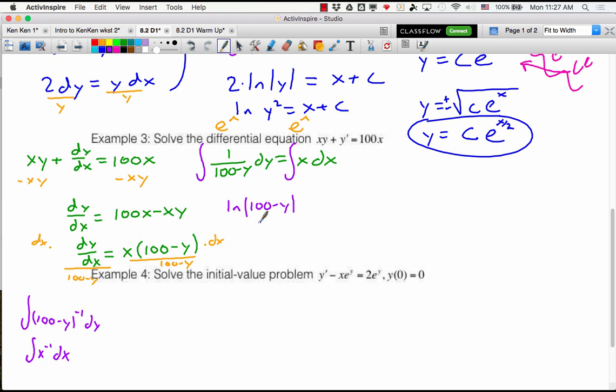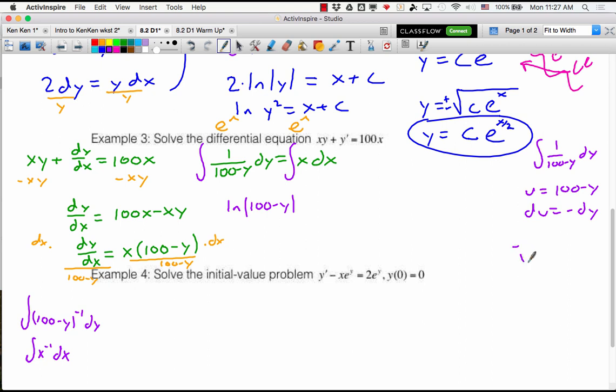Yeah. So in this case, you would have to use substitution. If I was trying to integrate 1 over (100 minus y) dy, you could say u equals 100 minus y, du equals negative dy, and so you make a negative.